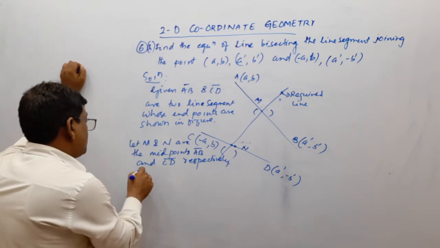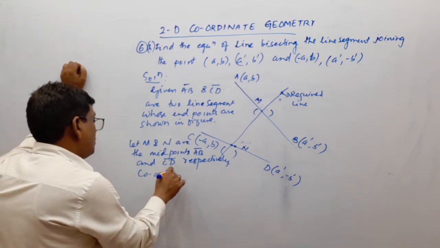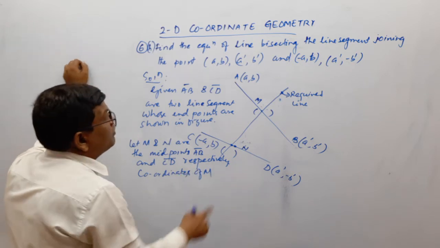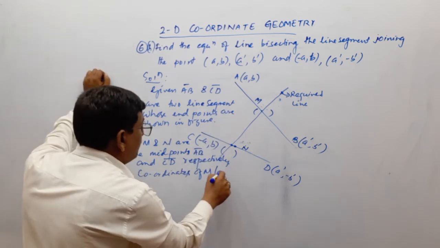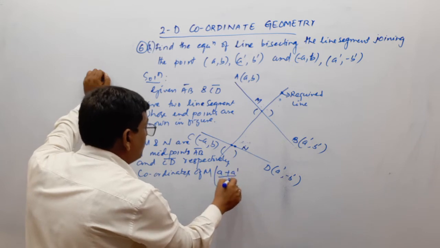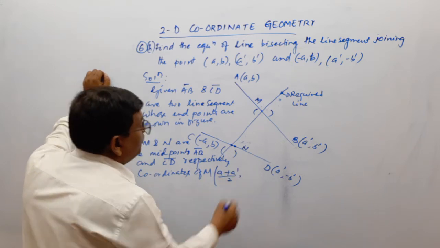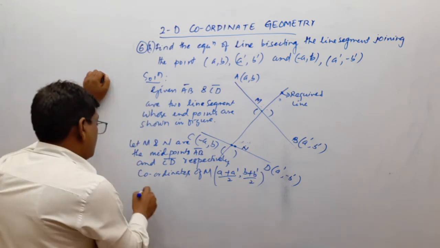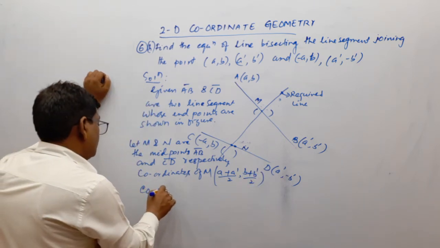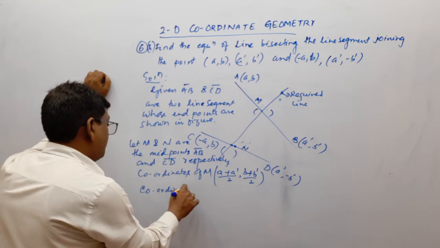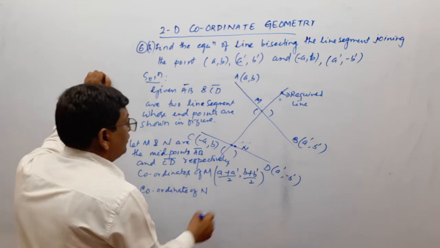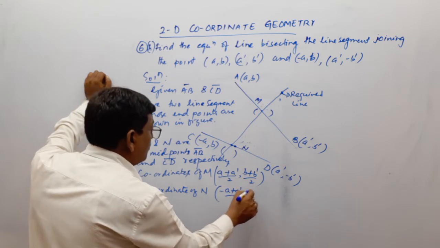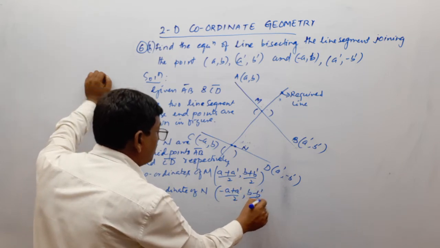Then the coordinates of M are a plus a' by 2 comma b plus b' by 2, and the coordinates of point N are minus a plus a' by 2 comma b minus b' by 2.